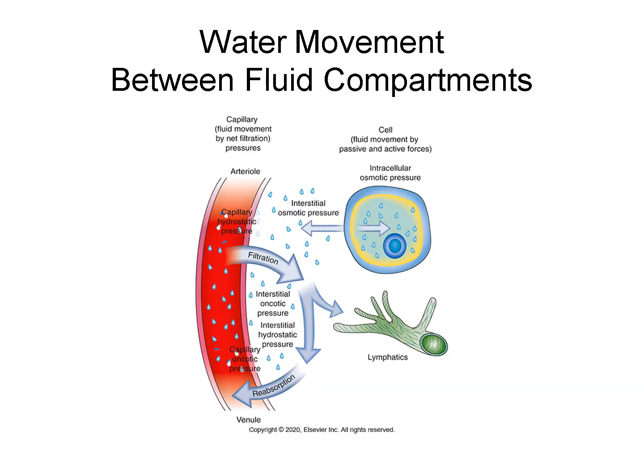This diagram illustrates the movement of water between fluid compartments, governed by a balance of pressures. At the arterial end of a capillary, capillary hydrostatic pressure pushes water out of the bloodstream into the interstitial space, a process known as filtration. Simultaneously, interstitial oncotic pressure draws water outward.